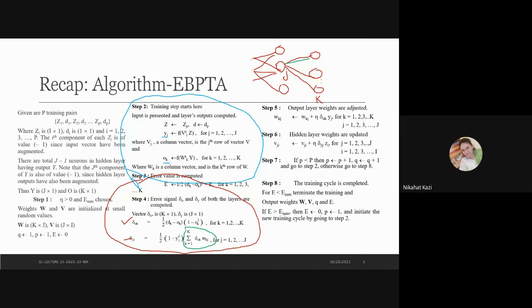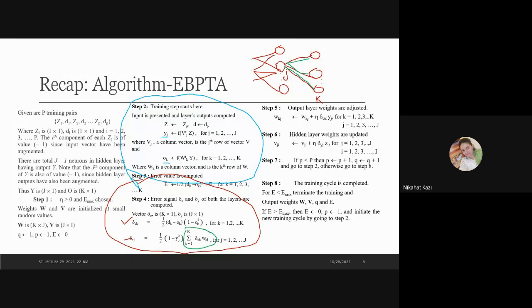Whatever weights are connecting to it from the output layer, the green ones which I've shown, multiplied by the error signals produced for each of the output neurons. Are you getting it? How this summation is computed? Delta O1 times W1J, delta O2 times W2J, delta O3 times W3J. Are you getting it?